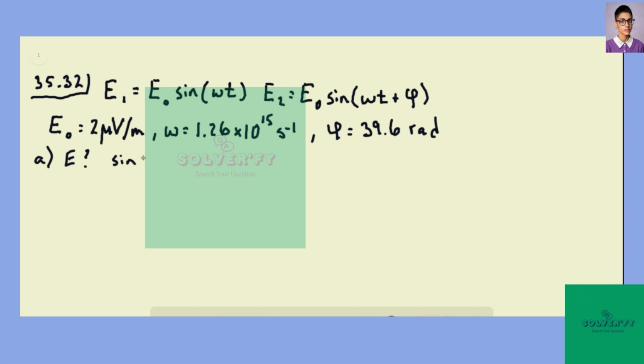So we have an identity, the sine of A plus the sine of A plus B is equal to 2 times the cosine of B over 2, B is going to be our phase here, times the sine of A plus B over 2.